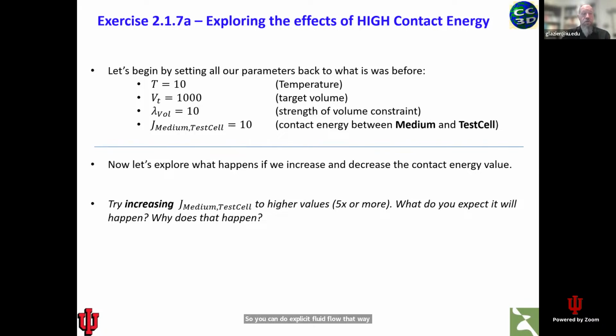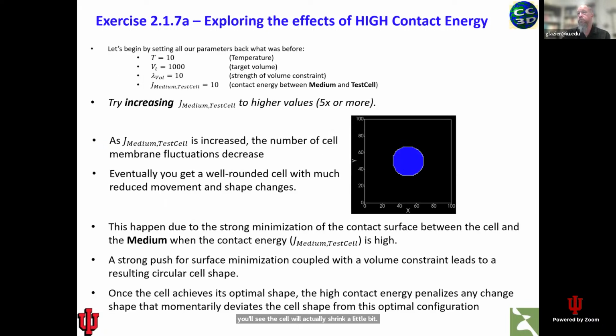In the simulation, we're not going to see of cleft palate, but that has explicit extracellular matrix. Okay. So when you make J test cell 50, you'll see the cell will actually shrink a little bit and it'll get square. Okay, something like that.